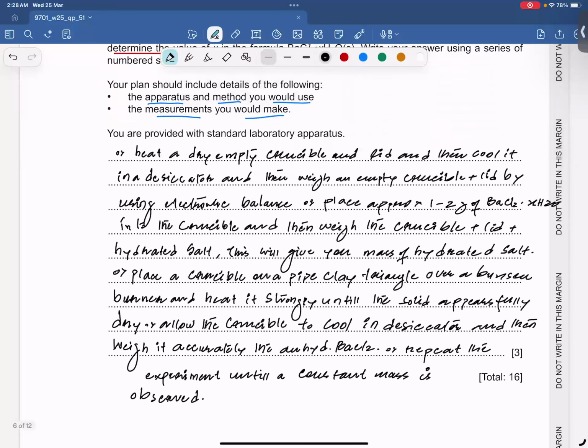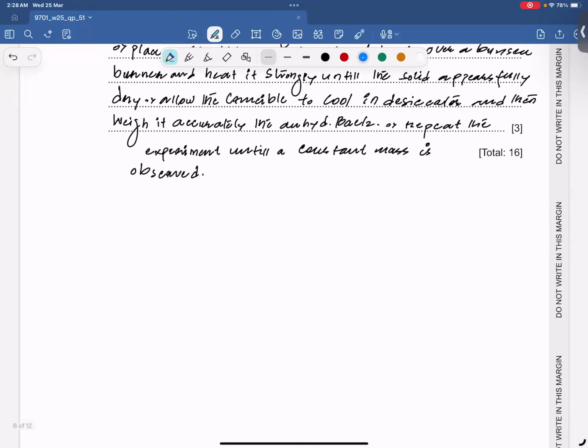So the examiner is looking for the measurement. So let me write the measurement here.